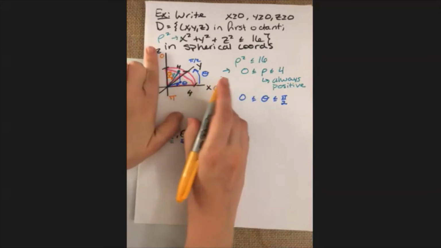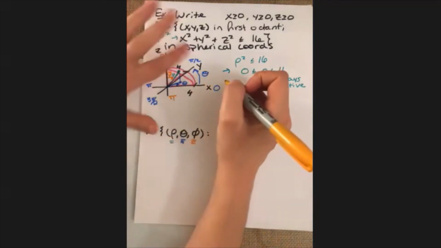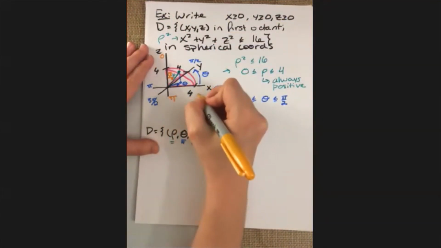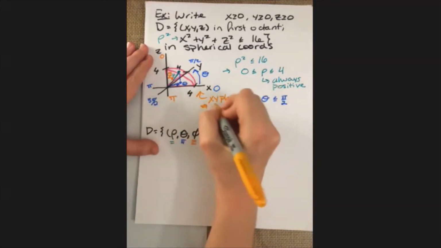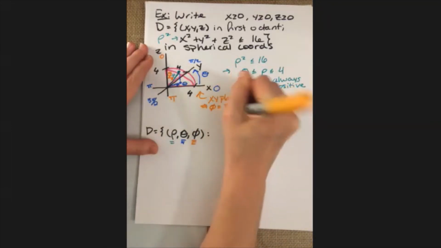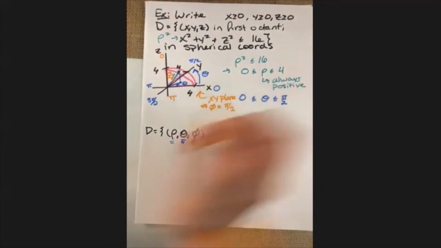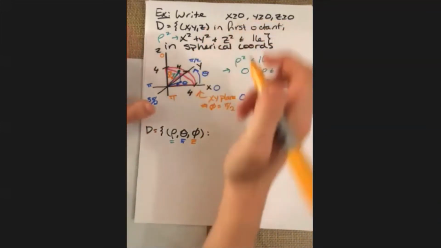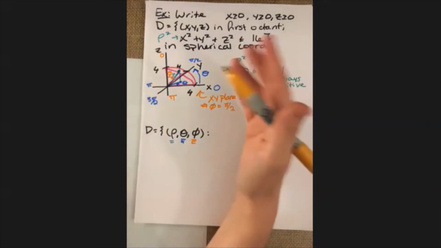But in this particular case, we want it to stop when it hits the xy plane. Stopping at that halfway point, anywhere on the xy plane, gives us phi equal to pi over 2, because then it's sitting at a 90-degree angle to the z-axis. That's exactly where we want to stop our sphere, because we really just want the positive part of it.